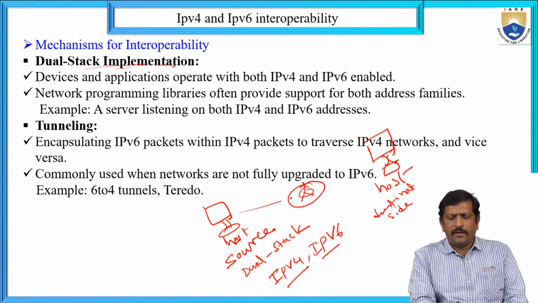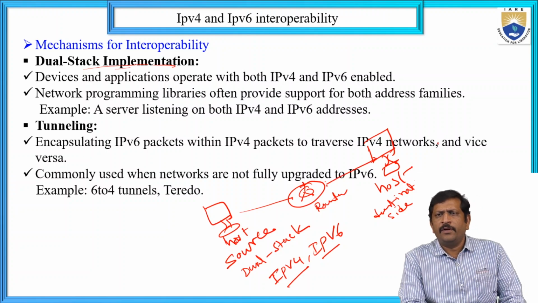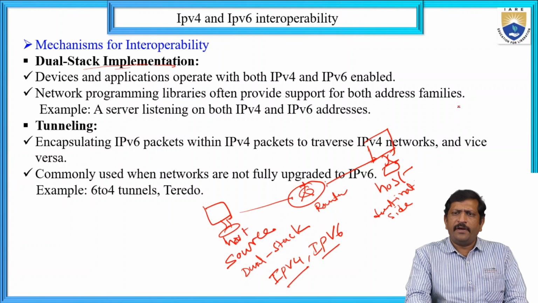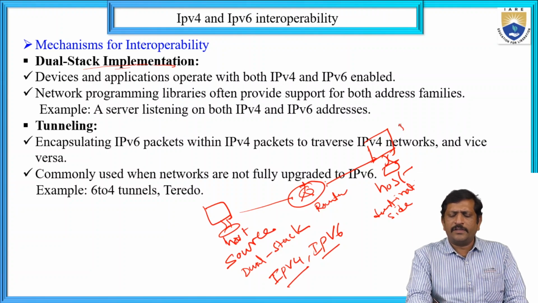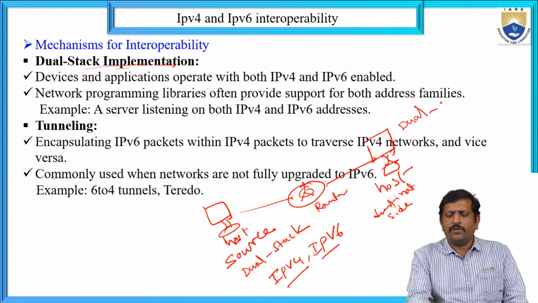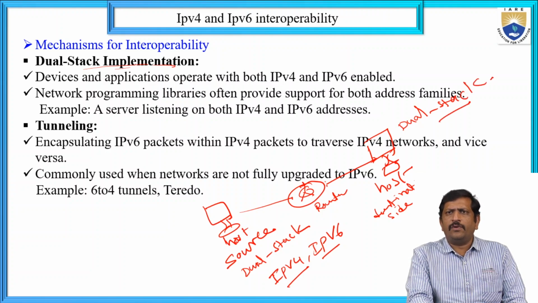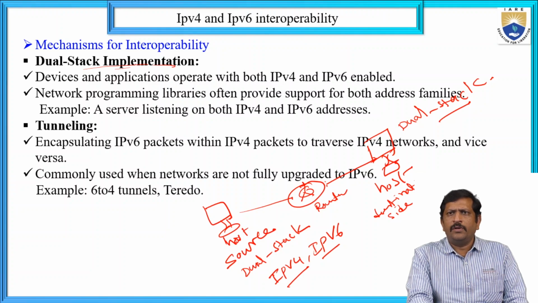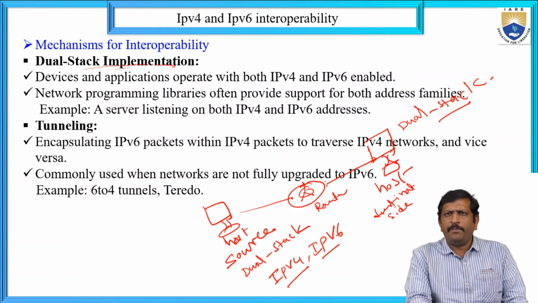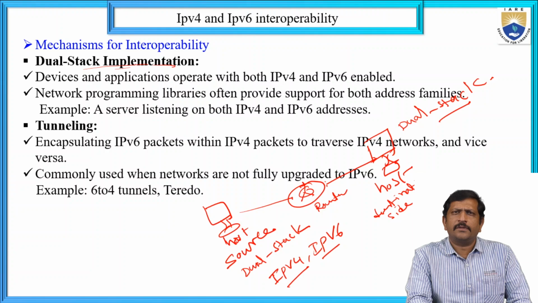Here we are communicating via the router. The router communicates with the destination device. The destination device is also dual stack, which means this device also has both IPv4 and IPv6 protocols.